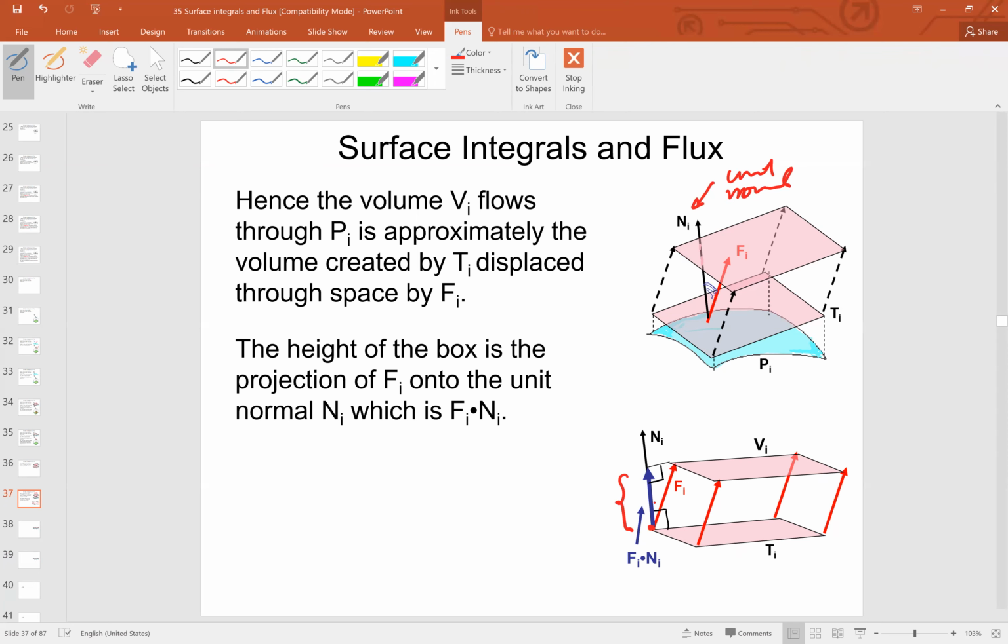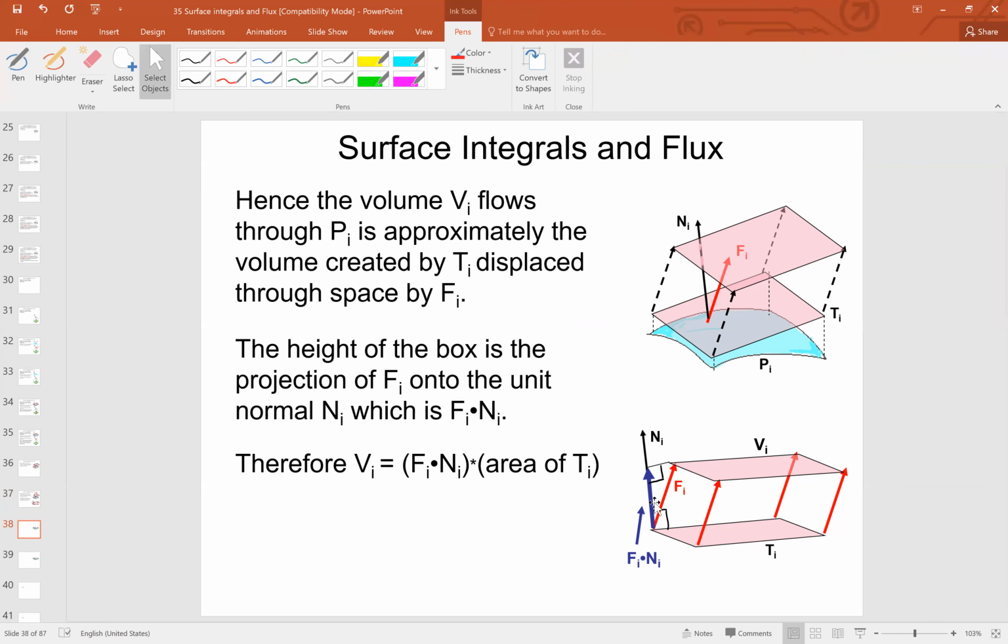Now, how big is the base of the box? The base of the box is the surface differential, the area of Ti. So this is the height of the box, and this is the area of Ti. Basically, if I put this on the ground, this is a box that's tilted, but the height of it is F dotted with Ni.